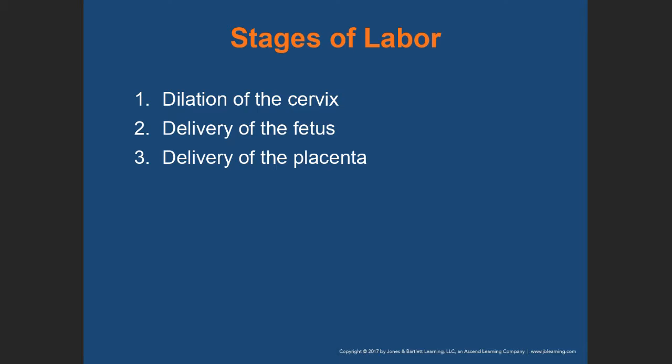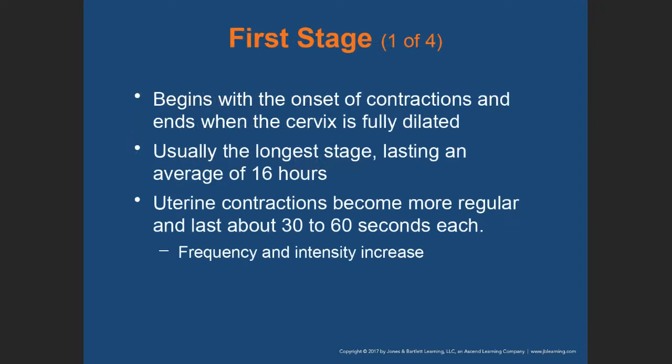That is important. The first stage begins with the onset of contractions and it ends when the cervix is fully dilated. This you will not check for in the field, so you're looking for crowning to determine if the first stage has ended. It is usually the longest stage, lasting an average of 16 hours.